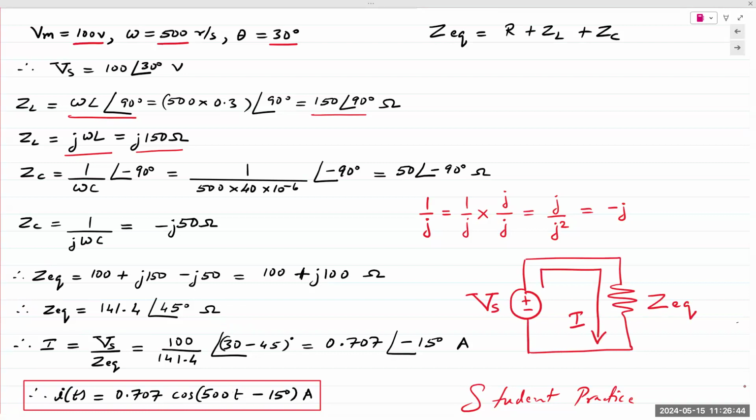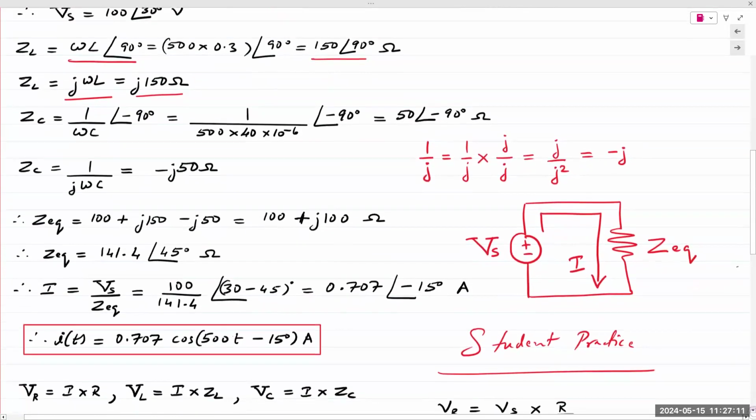One single current that's flowing through all four components, the voltage source and R and L and C, right? The current is the same for all four components. Vs supplies I to all components. So you apply Ohm's law and you find the value of that current I. That's it.